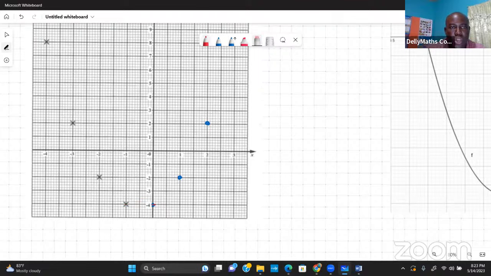Very important. So just keep drawing. Do not use a ruler to draw this. It's freehand, but try to draw it as neatly as you can.